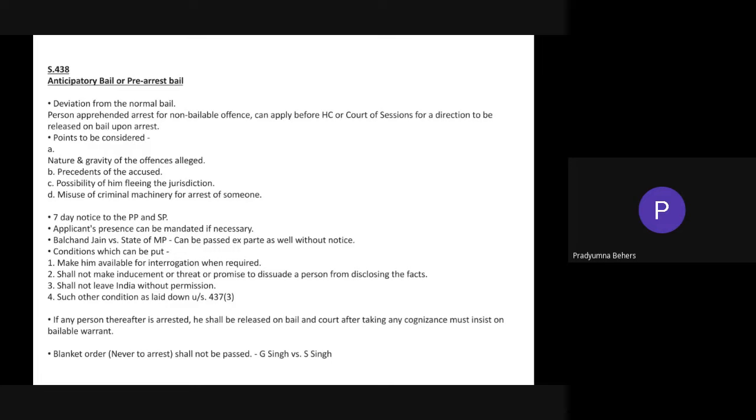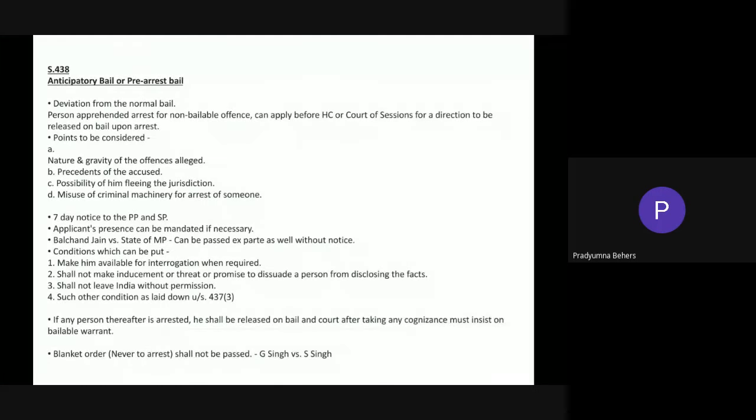So the general principle that bail is always given after the accused has been arrested is confirmed here. Even in 438, many people have the view that this is actually a pre-arrest bail, that it will come into existence even before arrest has been made.